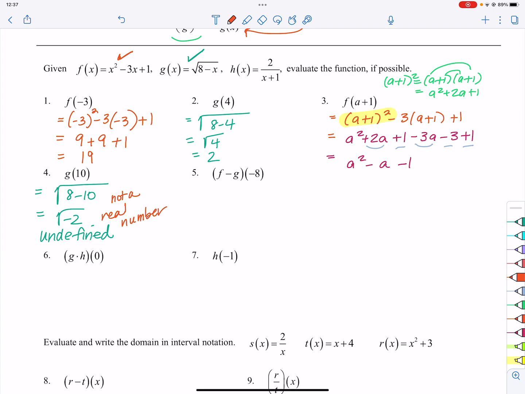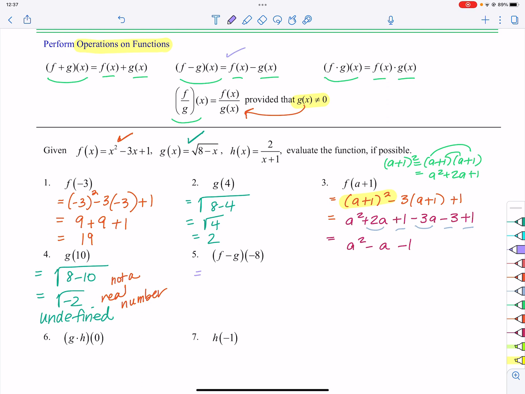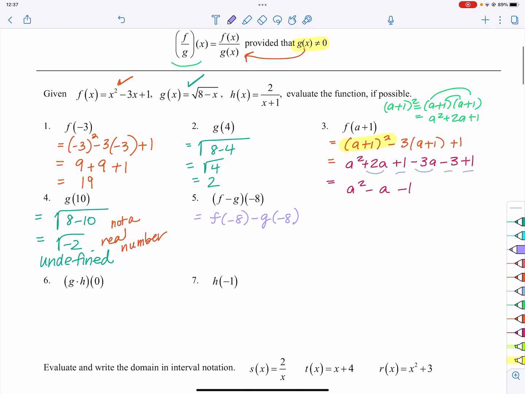Okay, so f minus g of -8. So we just learned that definition, f minus g. So that's simply equal to f of -8 minus g of -8, okay?